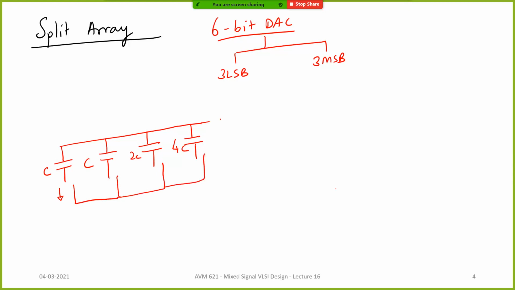Now what I'm going to do is split it by putting a series capacitance. Let's call it the attenuation capacitance. There is a series capacitance, and then again you have C, 2C, 4C.